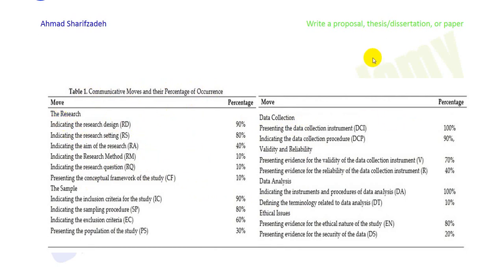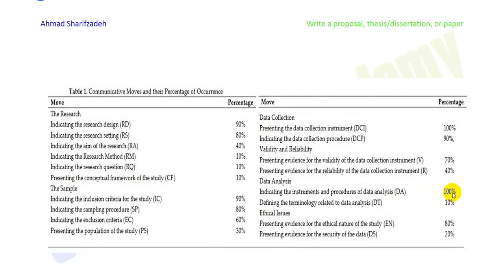The authors have to include the list here, but 90%, for example, included research design, okay? Or here, as you see, presenting the data collection, 100%. Indicating the instruments and procedures of data analysis, 100%.